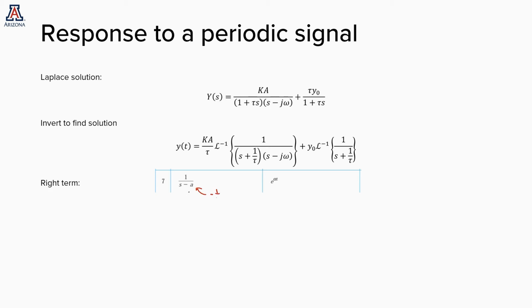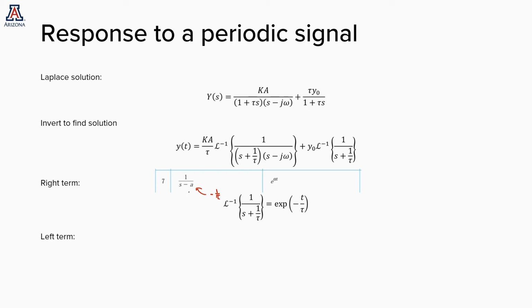And here, a is going to be minus 1 over tau. And be very careful here with your signs, because this says s minus a, and we have s plus 1 over tau. So a is equal to minus 1 over tau. And so when you substitute that back in, inverting that Laplace transform, it results in e to the minus t over tau.